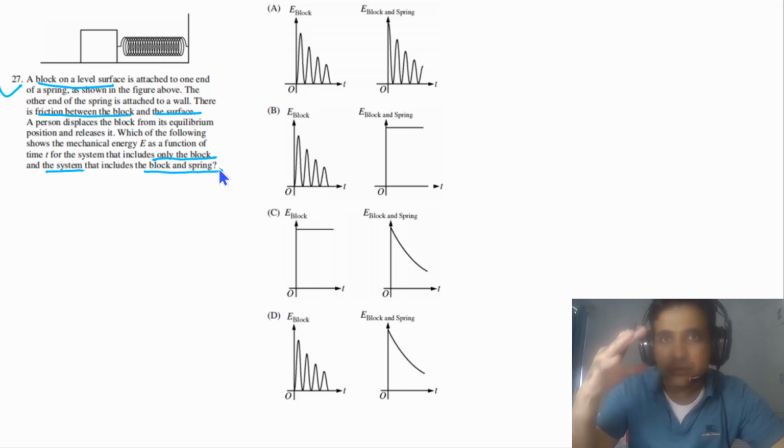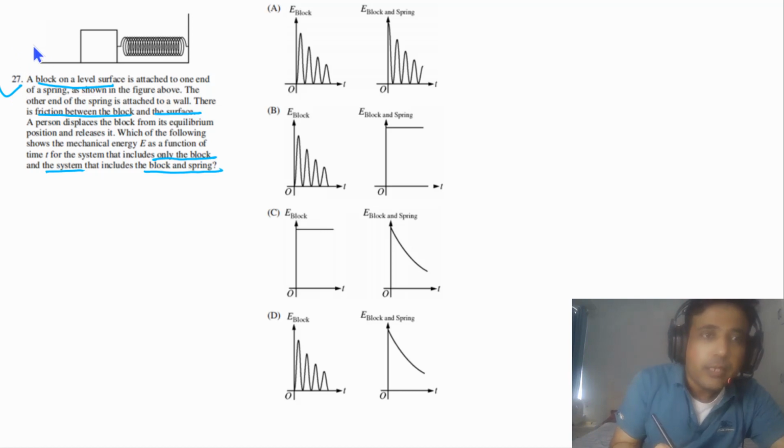Simple question, just based on conservation of energy, and we have discussed all those concepts in the previous questions. If you have an understanding of those concepts, you can answer this question, but still there is a tricky part in this question. We need to understand that one. In this case, you can imagine if we displace this to the left, it will be oscillating between these two extreme positions.